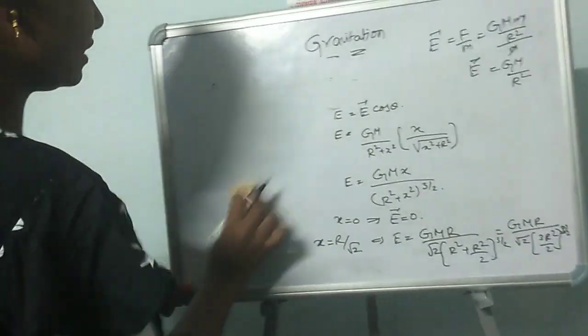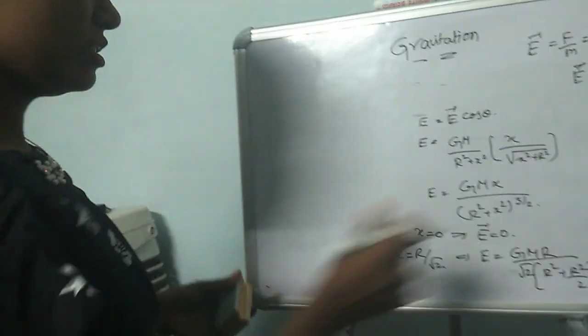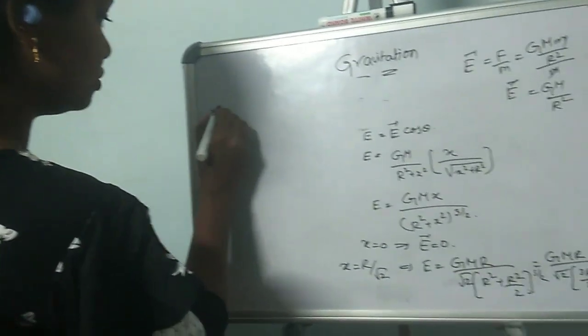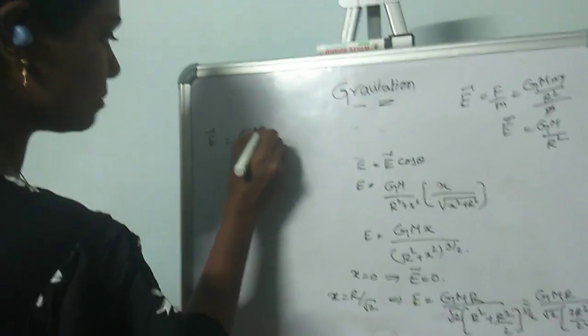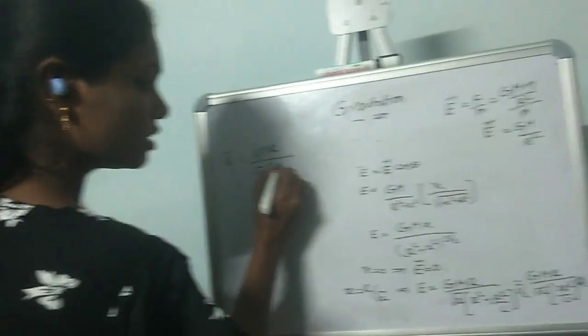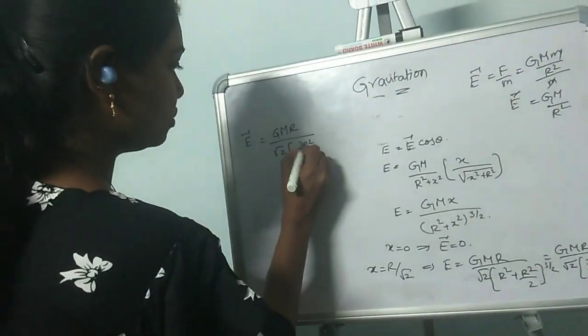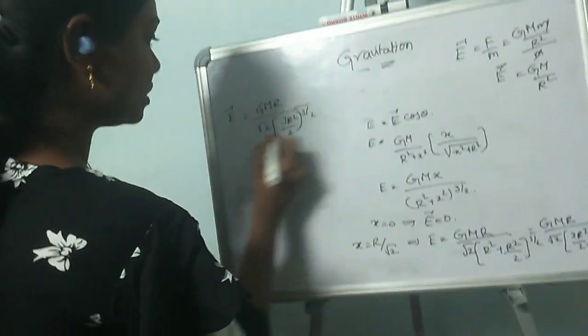After that, we have some calculation. Then E bar equal to G m R by root 2 over 3R square by 2 whole power 3 by 2.